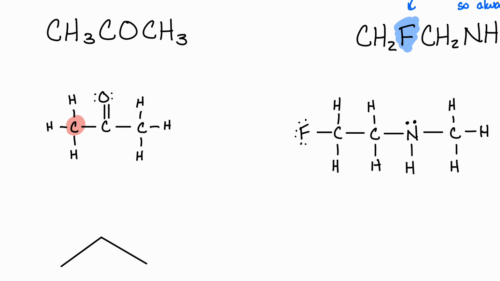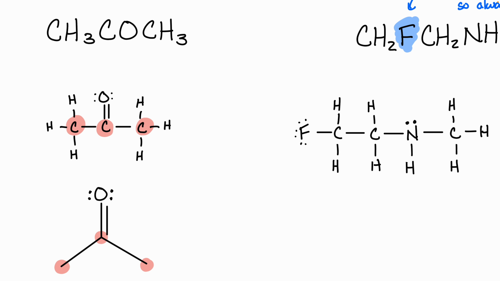All right, 1, 2, 3 carbons. And now I need to put that oxygen, but this time it's on carbon 2. And again, I need to make it a carbon-oxygen double bond with some lone pairs.